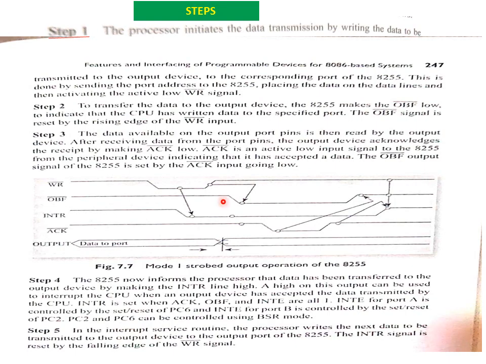These are the sequence of steps used for output-only information. First, the processor initiates data transmission by sending the port address. Then after sending the port address, it issues the write signal. After that, the 8255 enables its output buffer full signal.